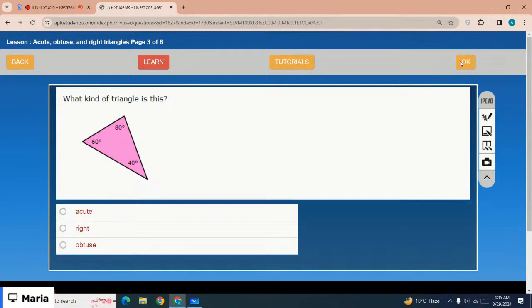No, no, they all are less than 90 degrees. That is an acute triangle. Obtuse is the one that has one of the angles greater than 90 degrees, right? But here all three angles are less than 90, so the triangle is an acute triangle. Got it?